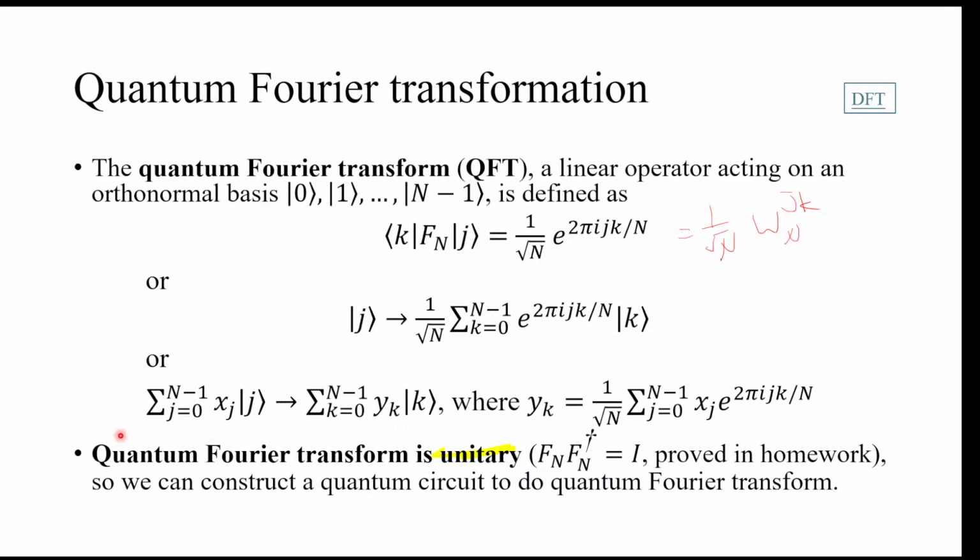So yk will be the inner product between xj and the kth row of Fn, and once again here k is different from j. So k is something fixed.